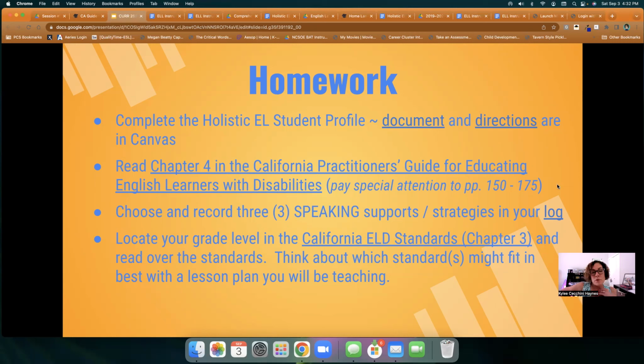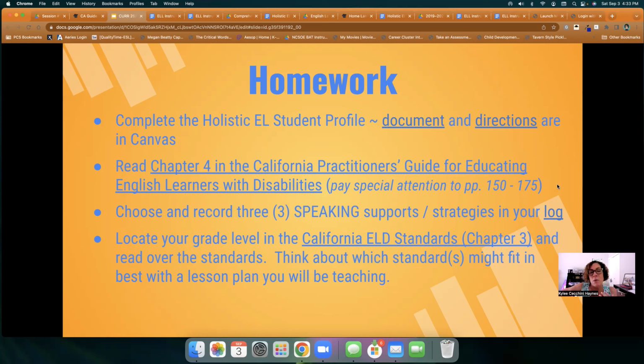I want you to read chapter 4 in the California Practitioner's Guide. I want you to pay special attention to pages 150 through 175. It's a big chapter, but a lot of that chapter is examples, so it's not as long and onerous as it might at first appear.